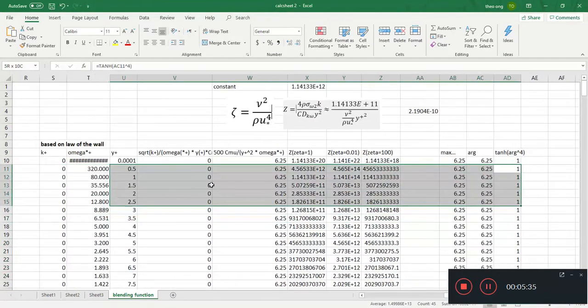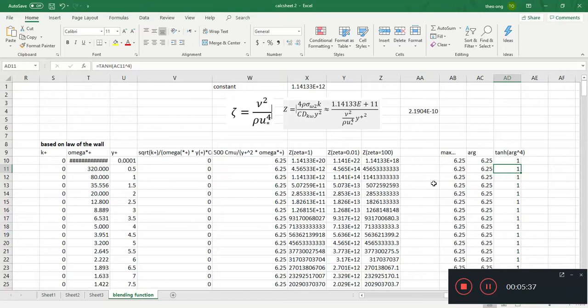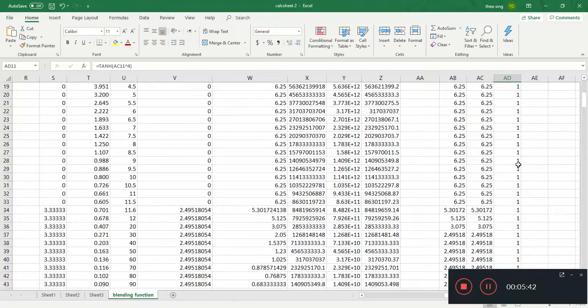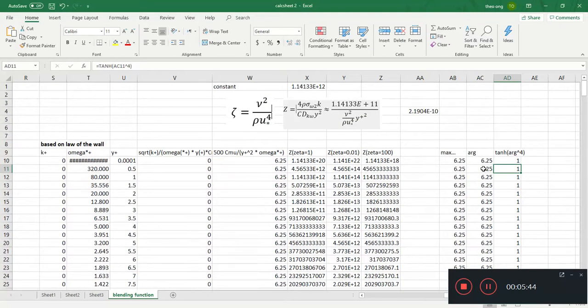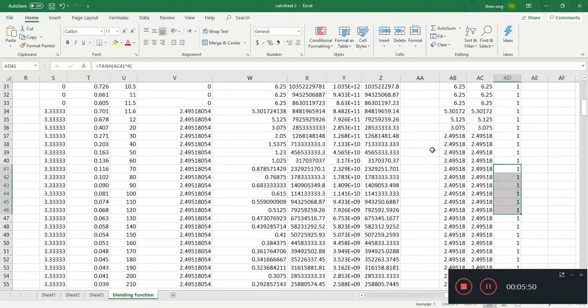Hyperbolic tangent of the argument to the fourth power. So we have this thing. It's just 1 at the walls.